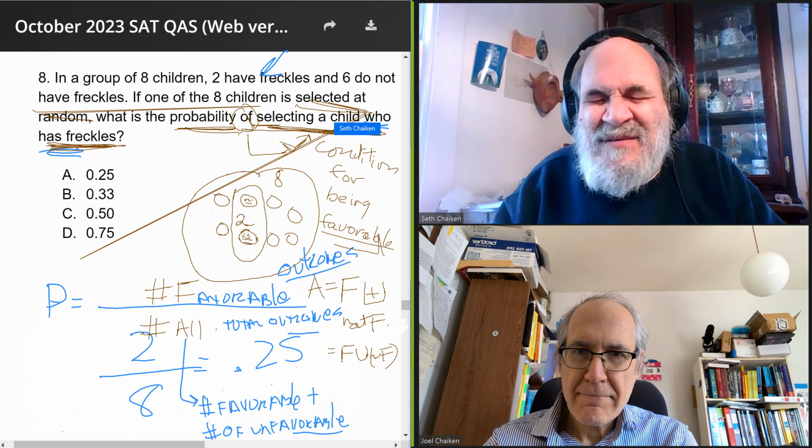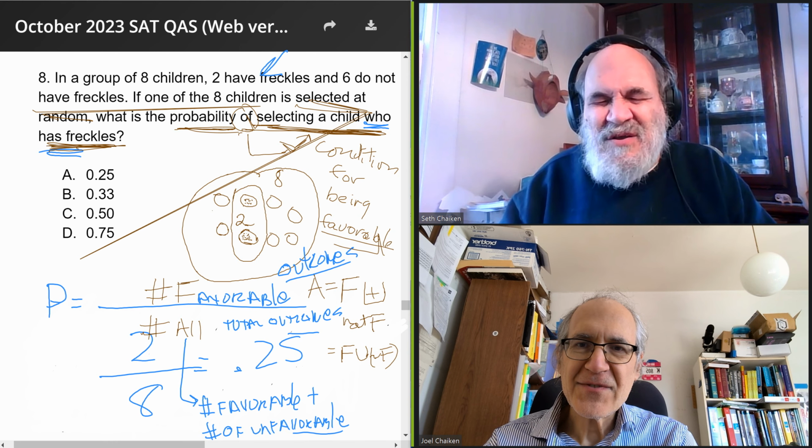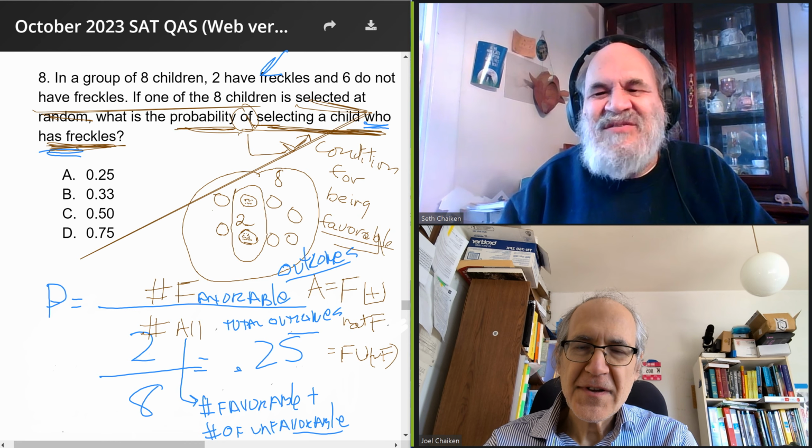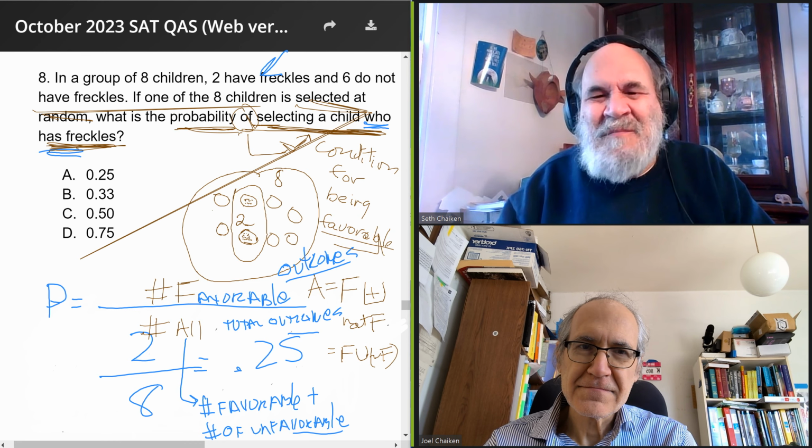That's what the at random means. More technically, they're selected with equal probability. That means there's no distinction between how likely one of them is selected versus another.